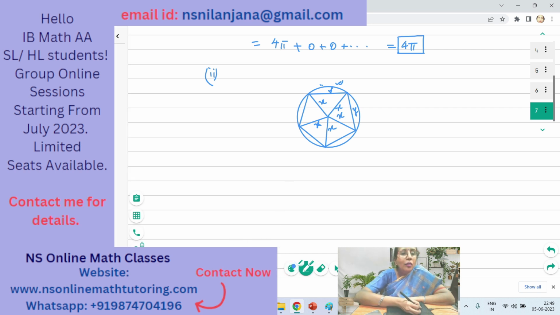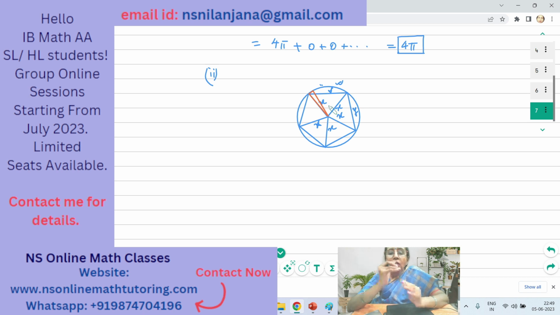But now if I increase the number of isosceles triangles and I take one isosceles triangle as this one, then you see the third side is almost on top of the arc of the circle, that small arc portion. Even now, it is not totally on top.